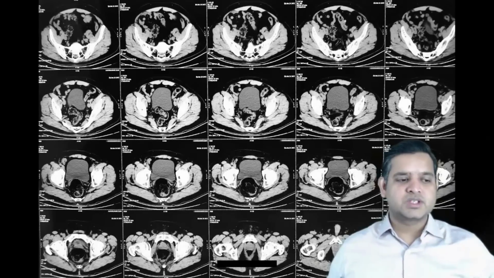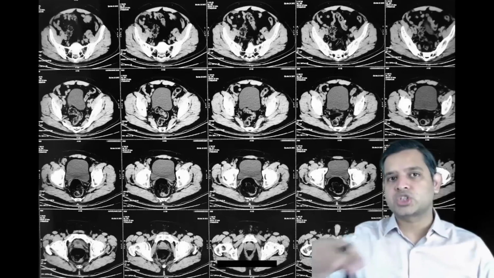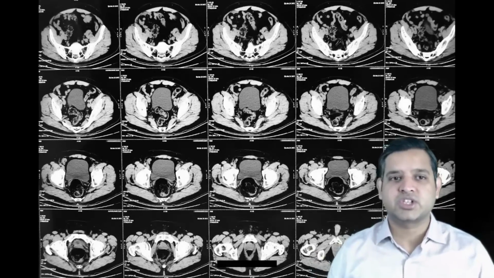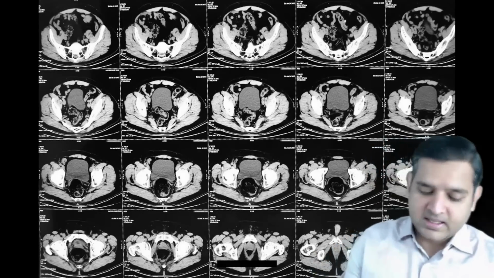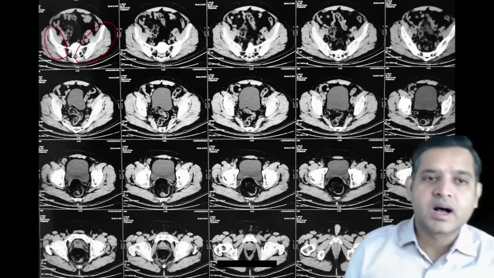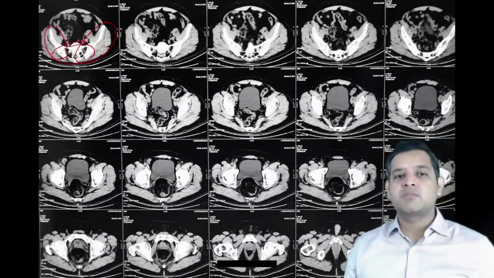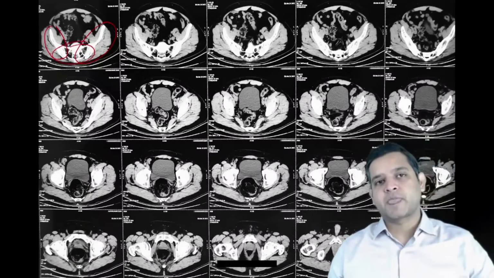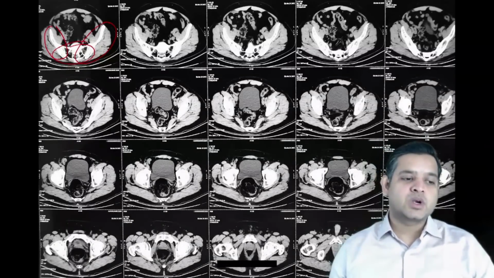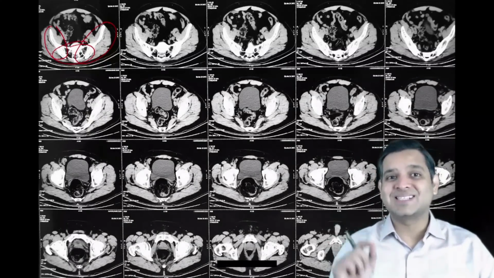So what do we see in this? I think all of you can appreciate that this is a cross-sectional image. This is a transverse section of the pelvis. And I think all of you will agree that these structures are the iliac bone and the sacrum. Please remember, mark my words, if the cortical bone is so white, it has to be a CT scan.